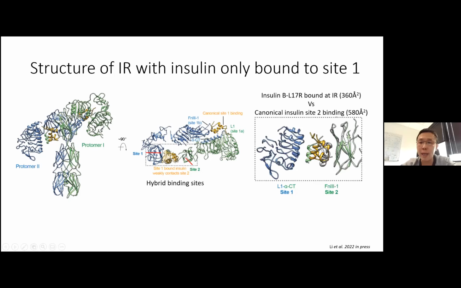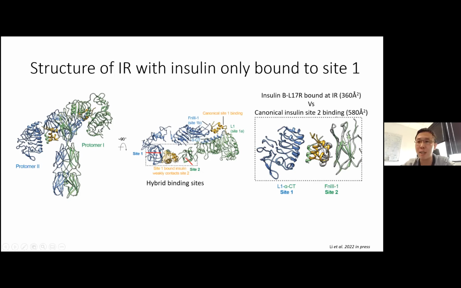And the way this Sat1 bound insulin touches Sat2 is different to the insulin bound at the Sat2 in the T-shaped symmetric conformation. So you can see this white insulin is what we call the canonical insulin binding at Sat2. But the yellow insulin is the insulin bound at Sat1, but also weakly contacts Sat2. So the two binding modes are very different.